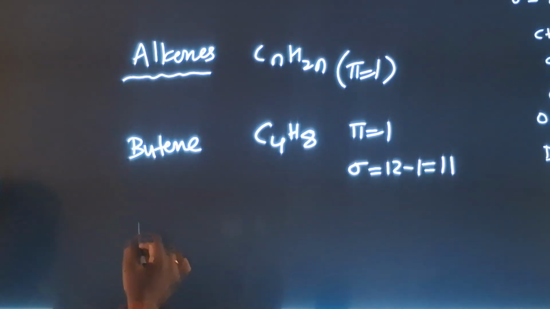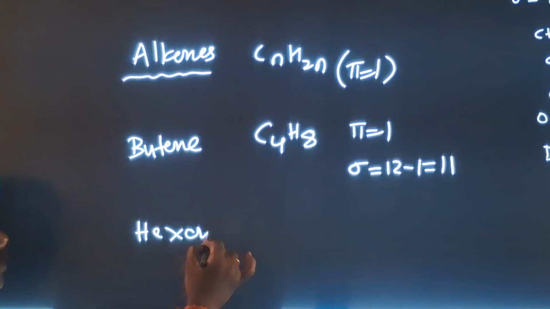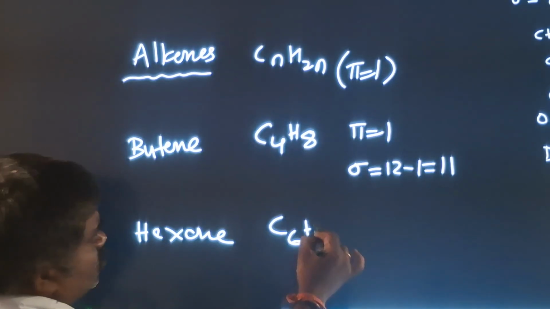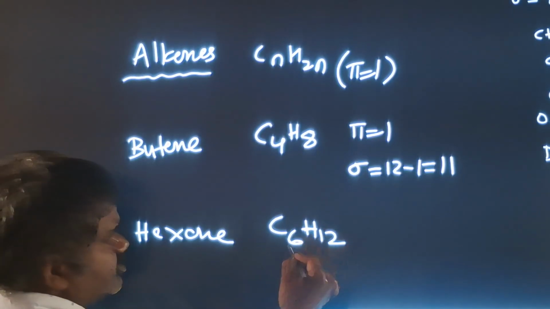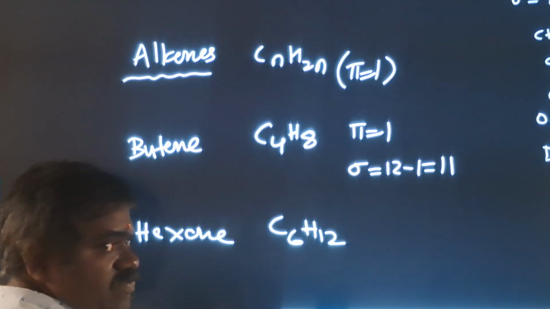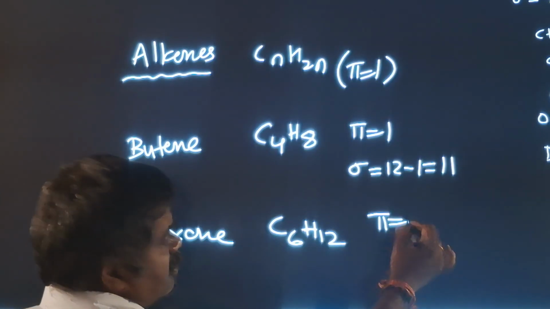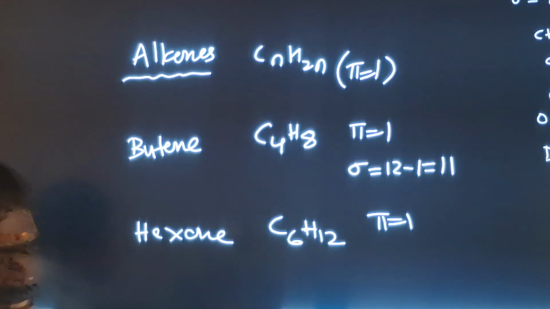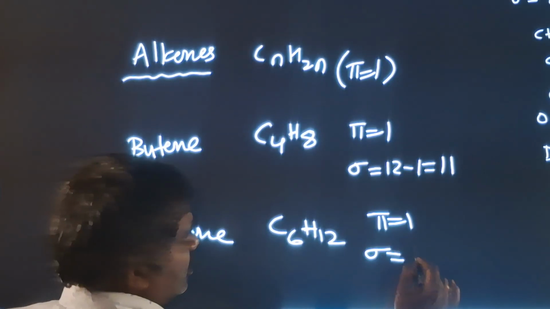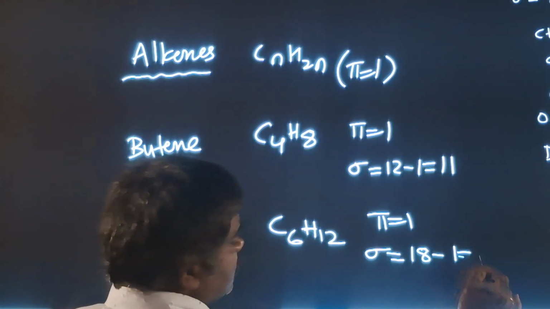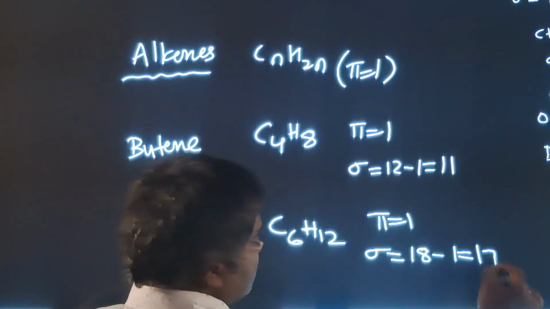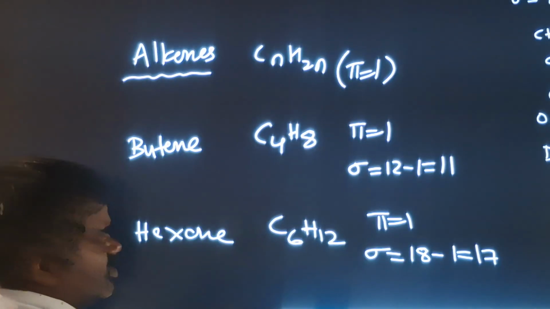For example, take hexene, C6H12. Hydrogens are exactly double the carbon atoms, then it is an alkene. Pi bonds 1, every alkene has pi bond 1. Sigma bonds 18 minus 1, it is 17 sigma bonds. Understood?